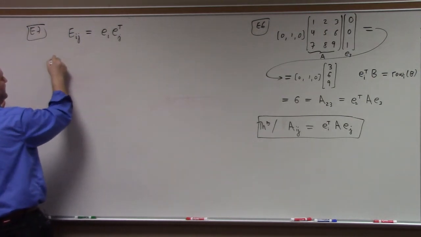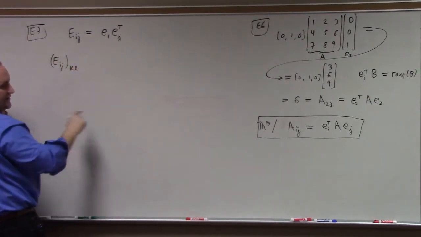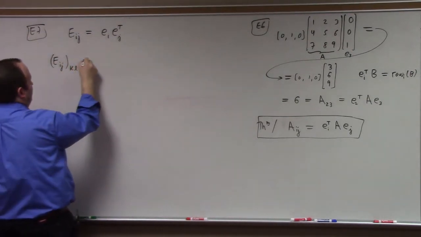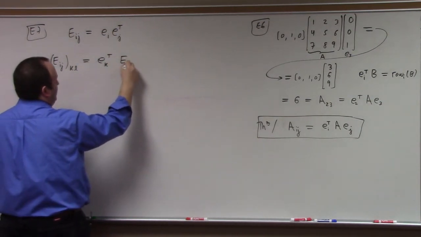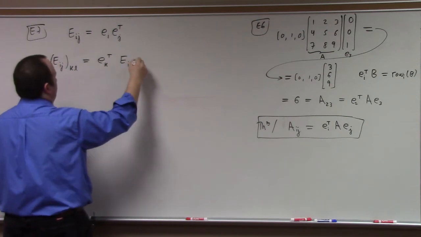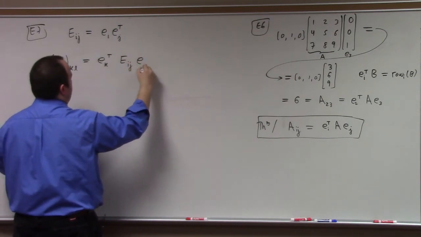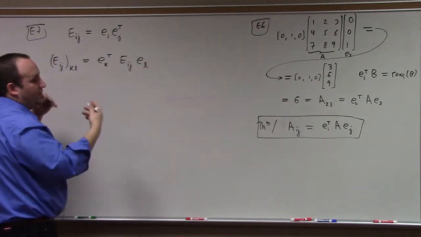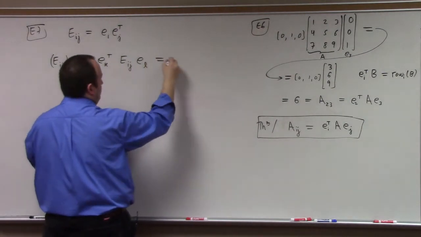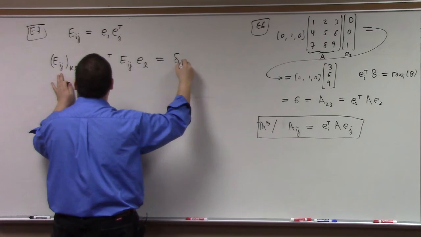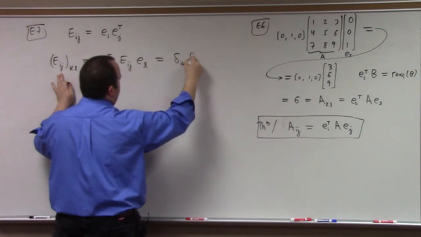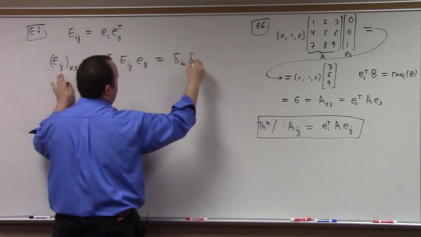But how about this? If I wanted to calculate the kl component of this, one way I could do it is in terms of this theorem. That's really e_k transpose E_ij e_l. But we know by definition that that's the Kronecker delta ik, Kronecker delta jl.